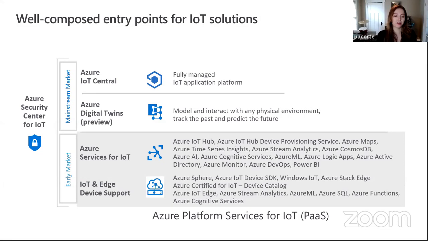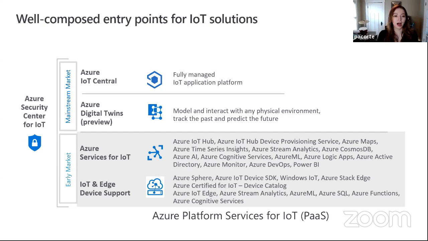But really the core here is to say, if you're trying to build a custom IoT solution, we have different products and services to help you build that end-to-end solution. I have a nice image to show how those products fit in there, but you can choose which products and services make sense for your solution.